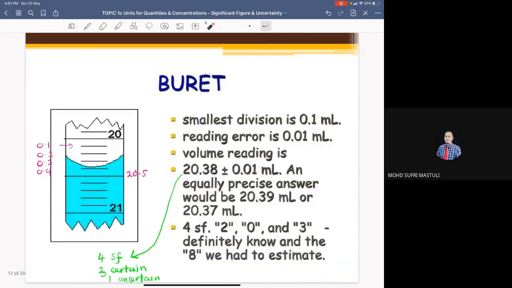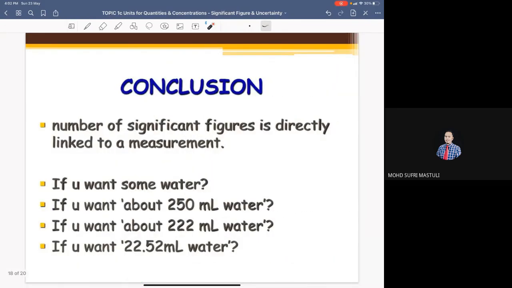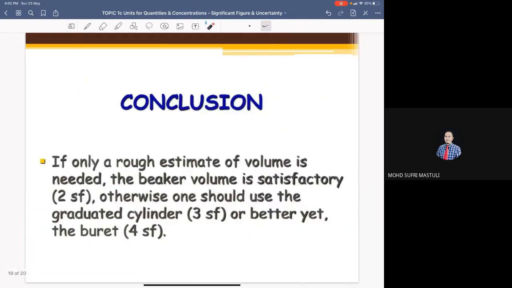So I hope you can understand the concept of significant figures and also uncertainty. In conclusion, the number of significant figures is directly linked to the measurement. If you want about 250 ml of water, or about 222 ml of water, or 22.52 ml of water, it is very doubtful in terms of measurement.